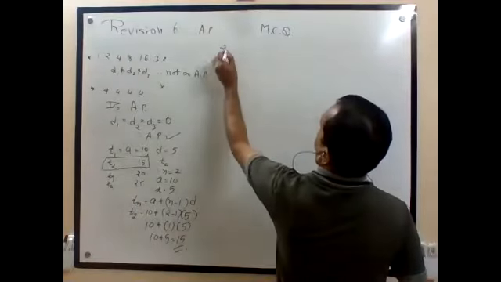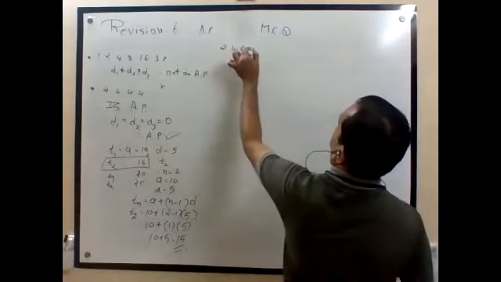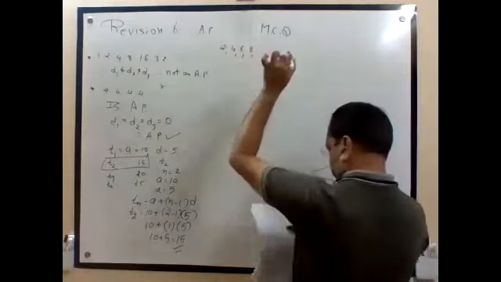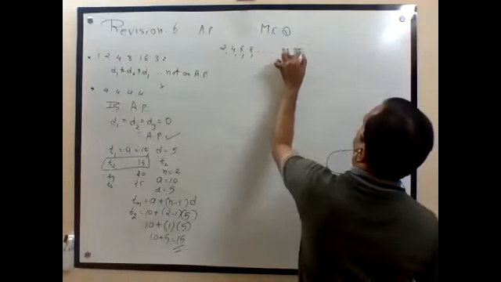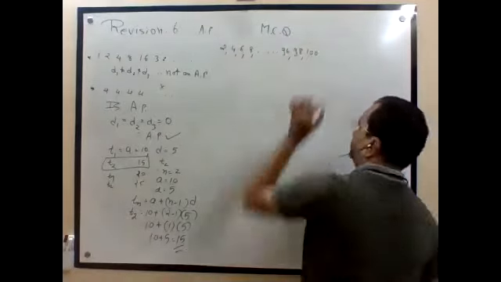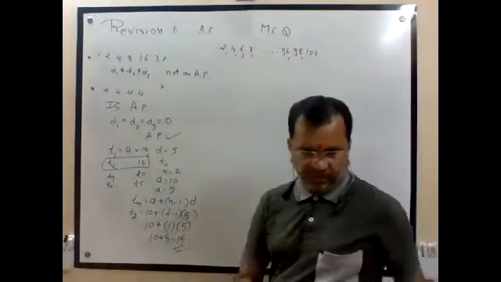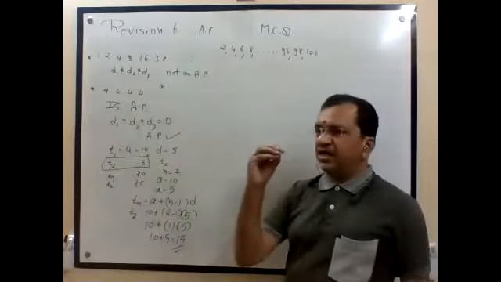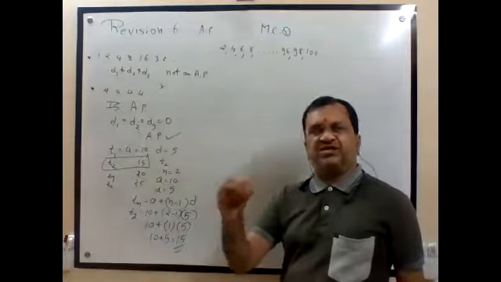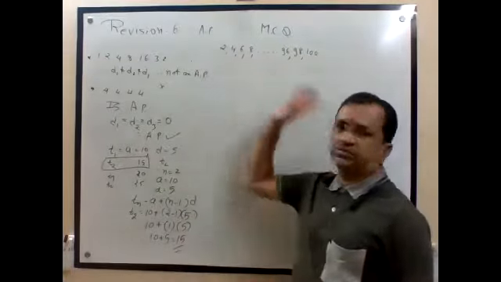Starting from 2, 4, 6, 8, ..., 96, 98, 100. In this series, starting term, T1 is equal to A, that is 2.